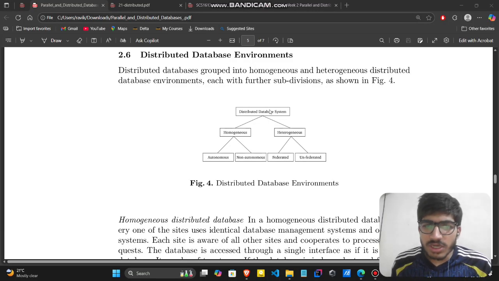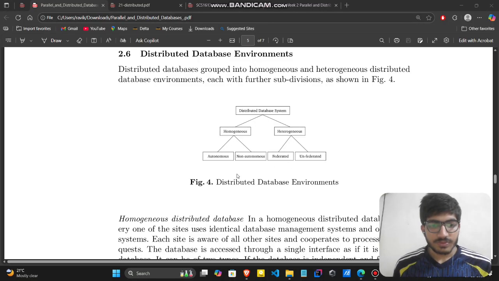So, a distributed database system is divided into two parts. First is homogeneous, which is further divided into autonomous and non-autonomous distributed databases. Then heterogeneous, which is further divided into federated and unfederated distributed database systems.